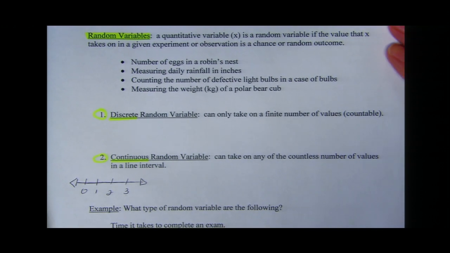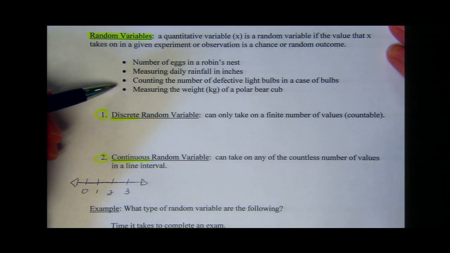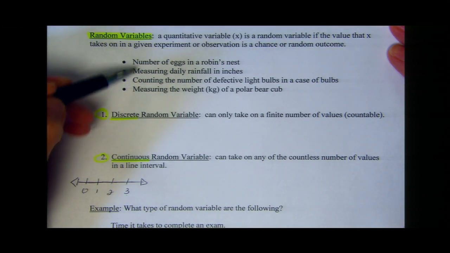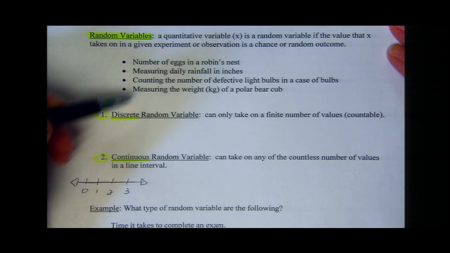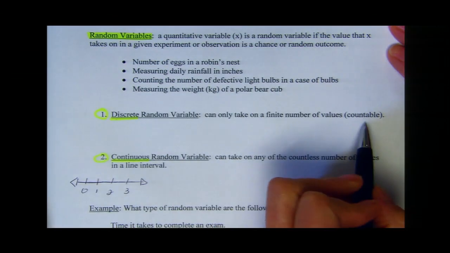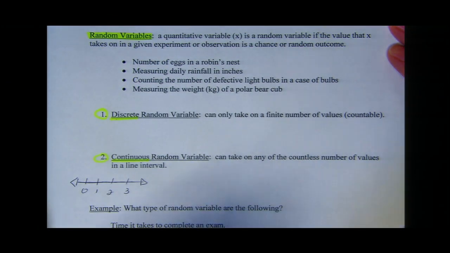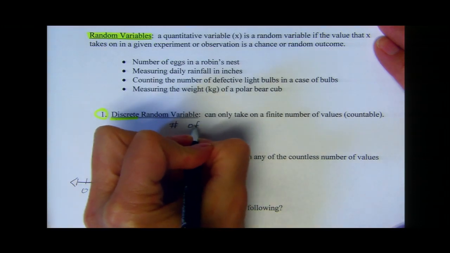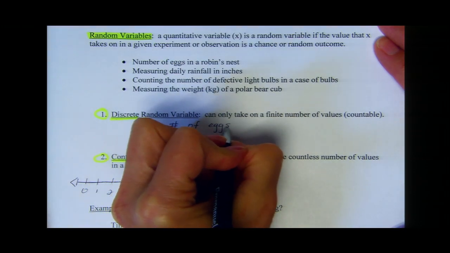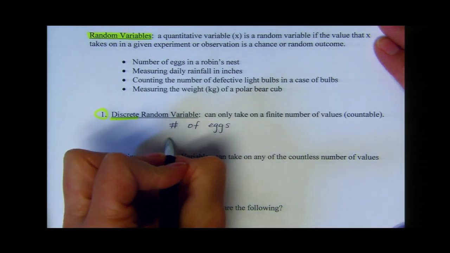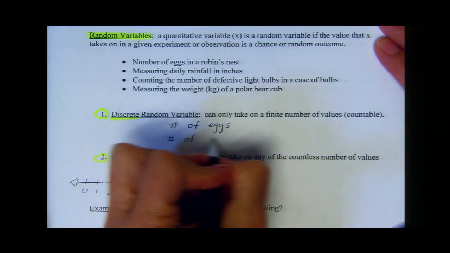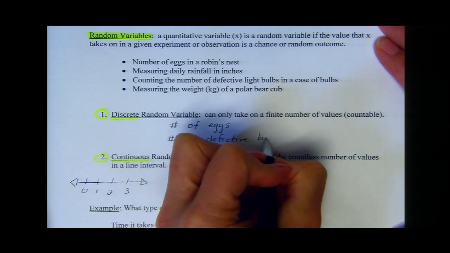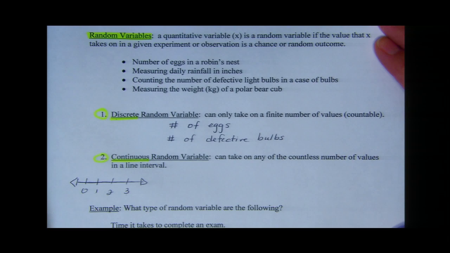So when we look at our random variables up here, we want to be able to distinguish which of these are discrete and which of these are continuous. Discrete means it takes on countable values, so the ones that fall into that would be the number of eggs in a robin's nest and the number of defective bulbs in a case.